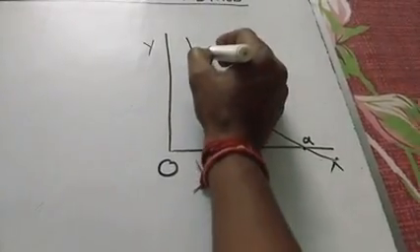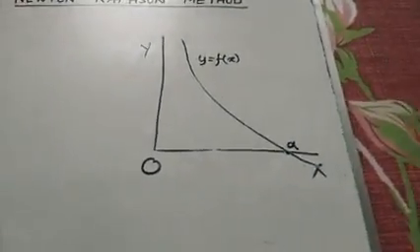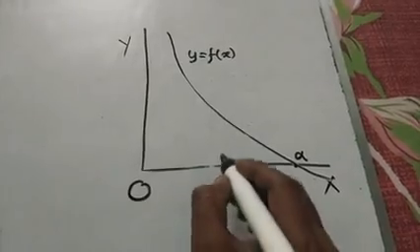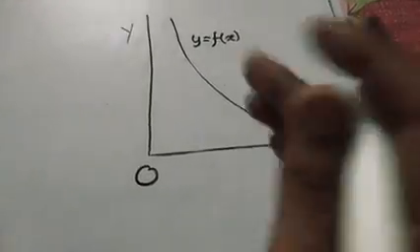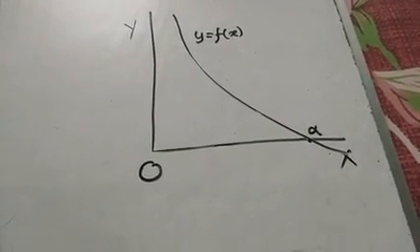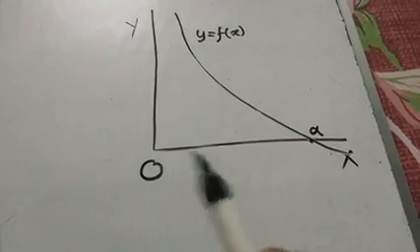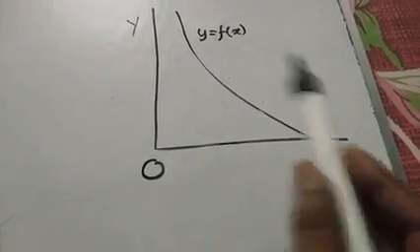Suppose this is your curve y equals f of x, and this curve cuts the axis at alpha. Now we will prove how this Newton-Raphson method formula is generated, and how the Newton-Raphson method quickly converges to the root alpha.